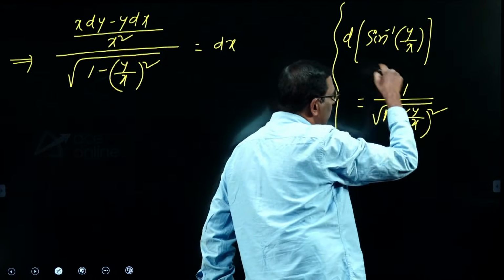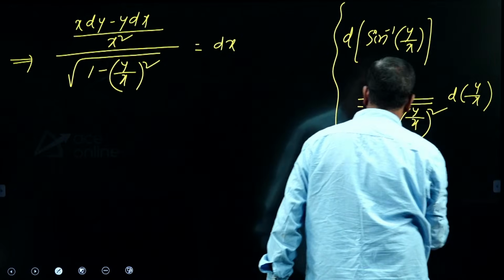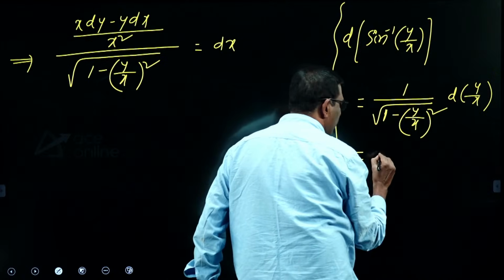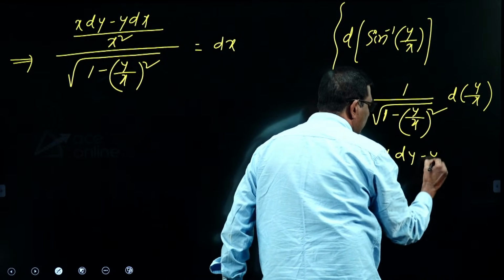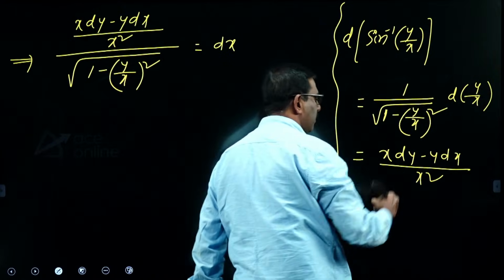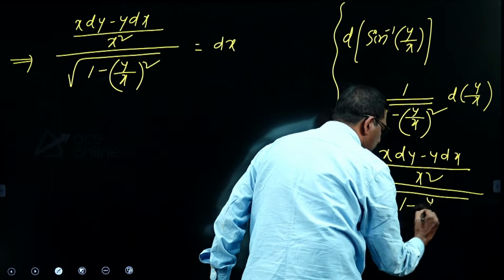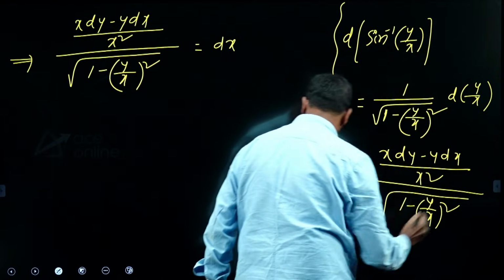In place of x, y by x is there, so 1 minus x square becomes 1 minus y by x whole square. Again I have to find the derivative of y by x. What is the derivative of y by x? It is x dy minus y dx by x square. So the derivative of sin inverse y by x is x dy minus y dx by x square, divided by root over 1 minus y by x whole square. Clear?